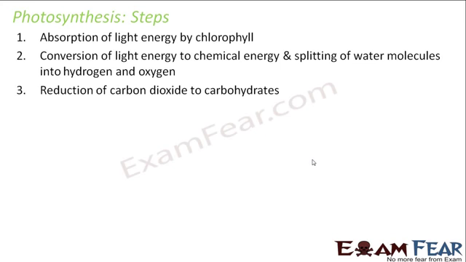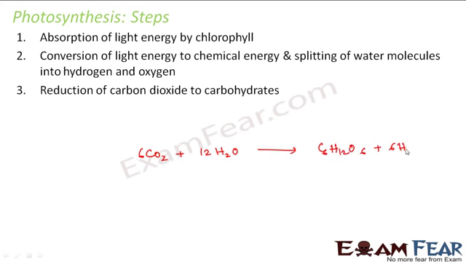Reduction of carbon dioxide to carbohydrates. So here we saw on the left hand side of the equation. If you look at the equation once again, it was CO2 plus H2O gives C6H12O6 plus 6H2O plus O2. So here you can see what's happening.